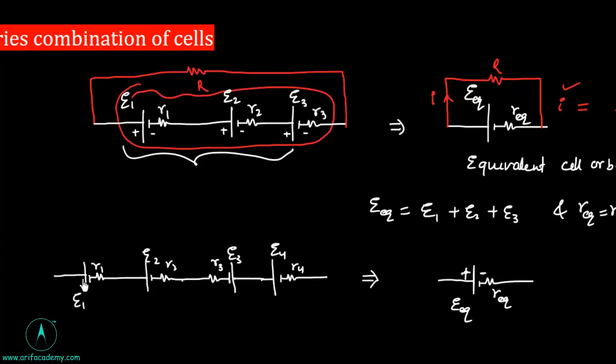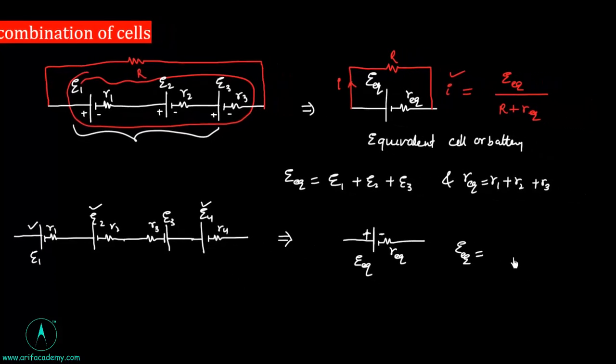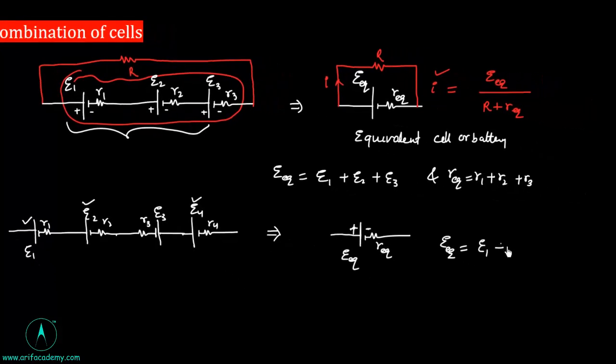So the cell which has its positive terminal on the left side will be treated as positive, so E equivalent can be written as E1 plus E2 but minus E3 plus E4. Why so?